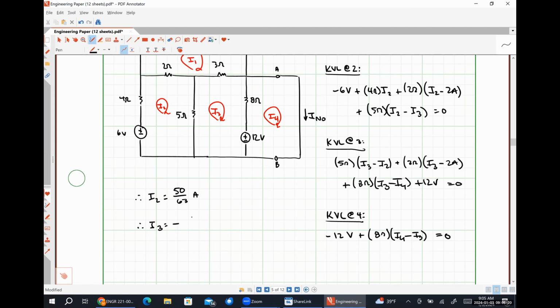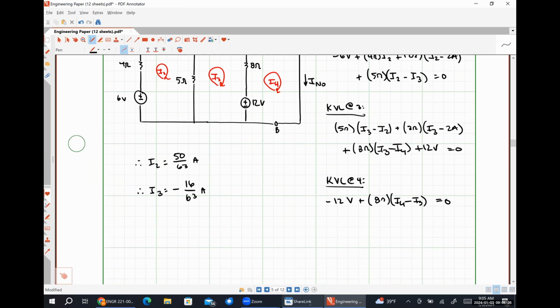I3 is negative 16 over 63. And I4, which is I Norton, I got to be 157 over 126.